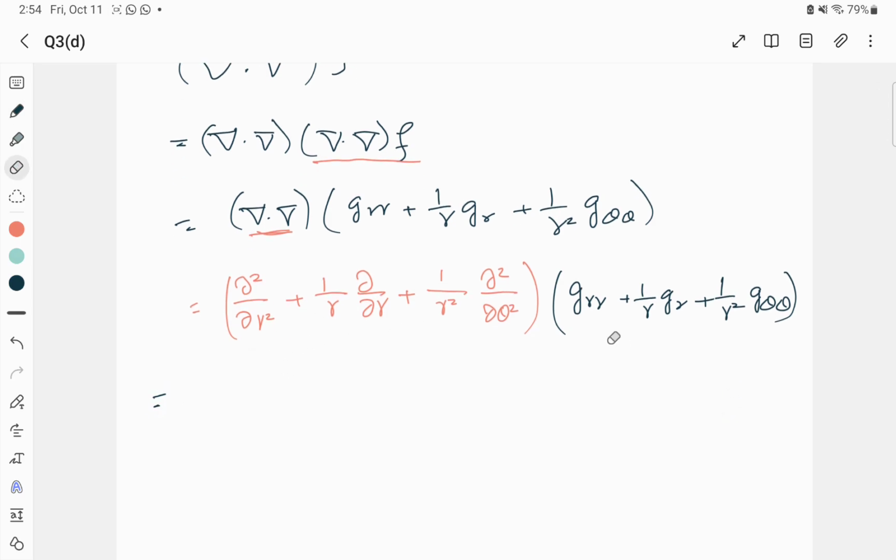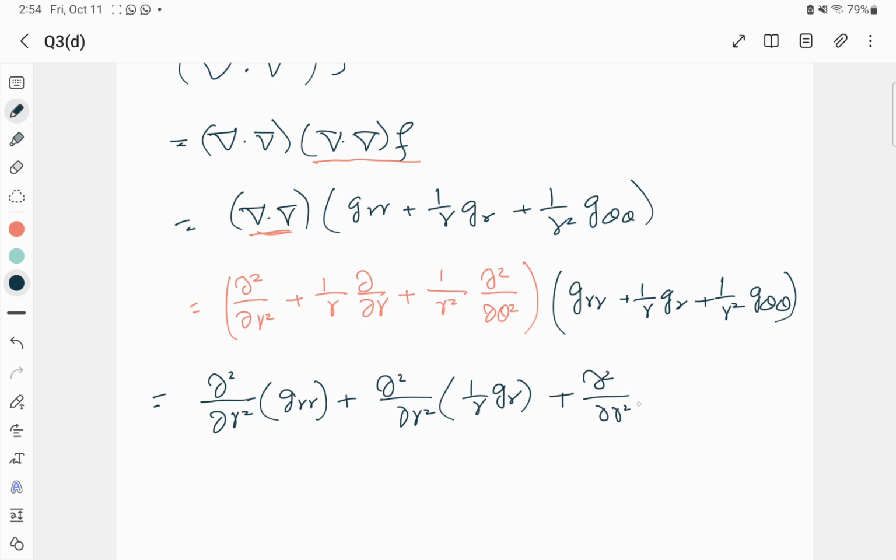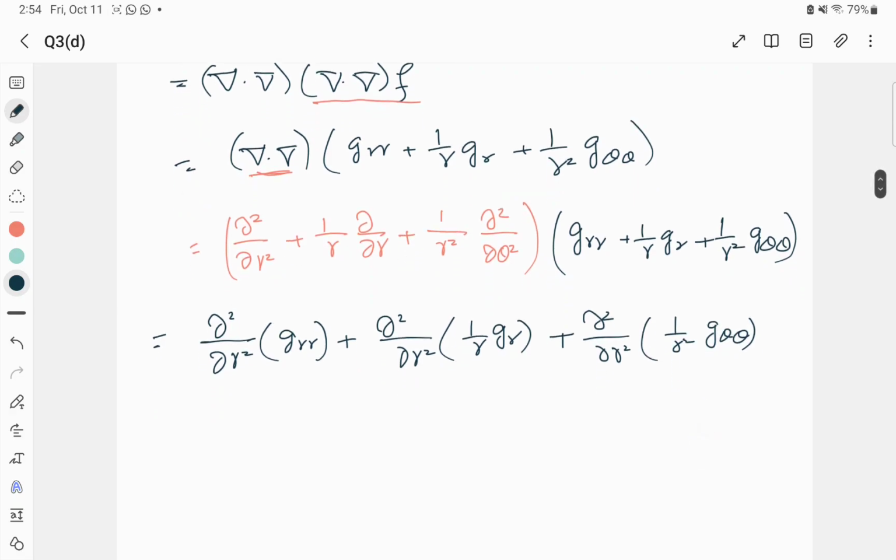So let's apply every operator on all of the expressions. We start with the very first one: partial square over partial r square applied on g_rr, plus, this partial square will be applied to the whole of the expression, partial square over partial r square applied on 1 over r g_r, plus partial square over partial r square applied on 1 over r square g_theta theta.